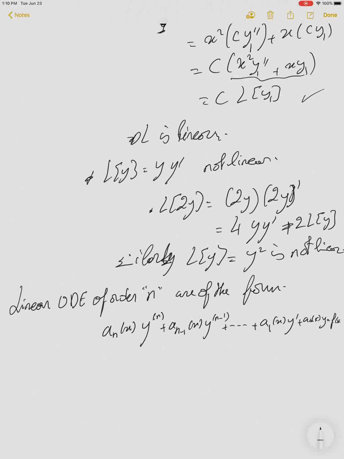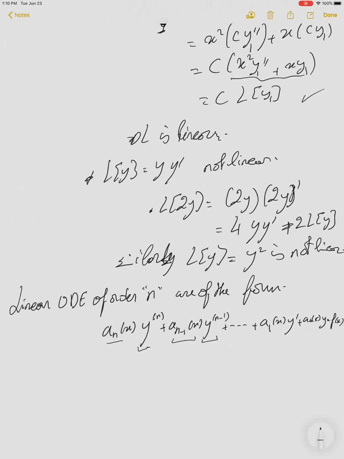So if I bring everything that is independent of y to one side and everything else to the other side, I will have y^(n), the nth derivative, multiplied by a function of x only. y^(n-1) is multiplied by a function that depends on x. It cannot depend on y or its derivative.